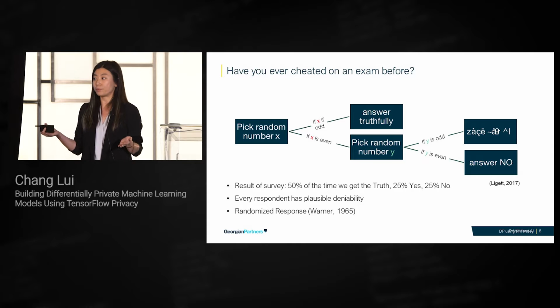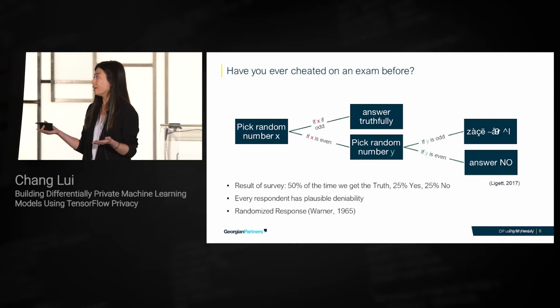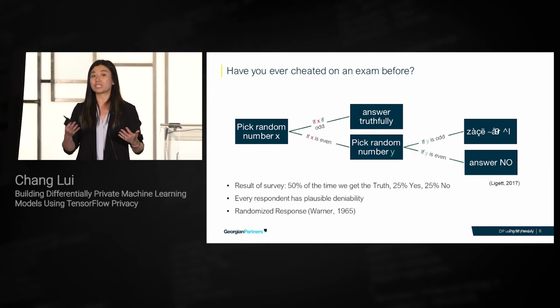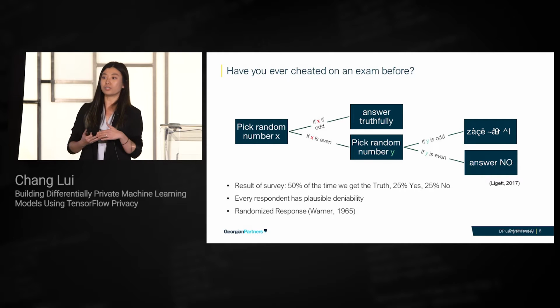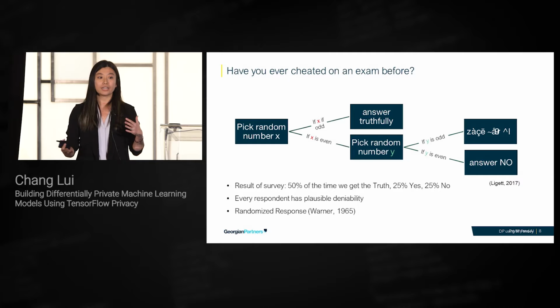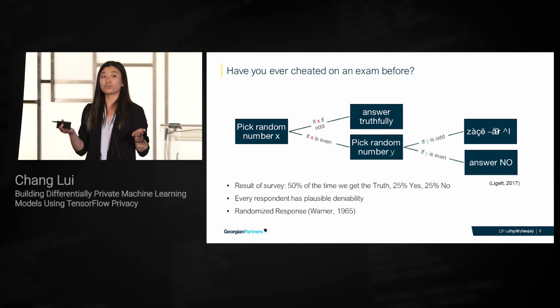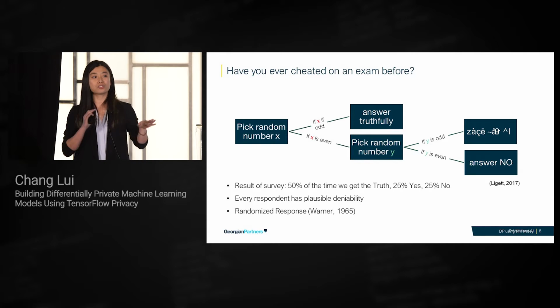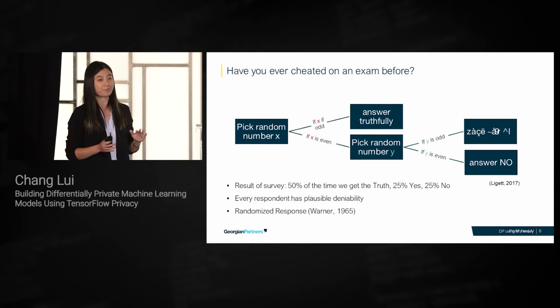Say there were 40 people, 40%, then 25% of those are random answers, so 15% actually really answered true. If we multiply by 2, then we get around 30%. So it seems that 30% of the population here have cheated on an exam before. And just to let you know, the surveys out there actually say that 60% of people have cheated on an exam before.